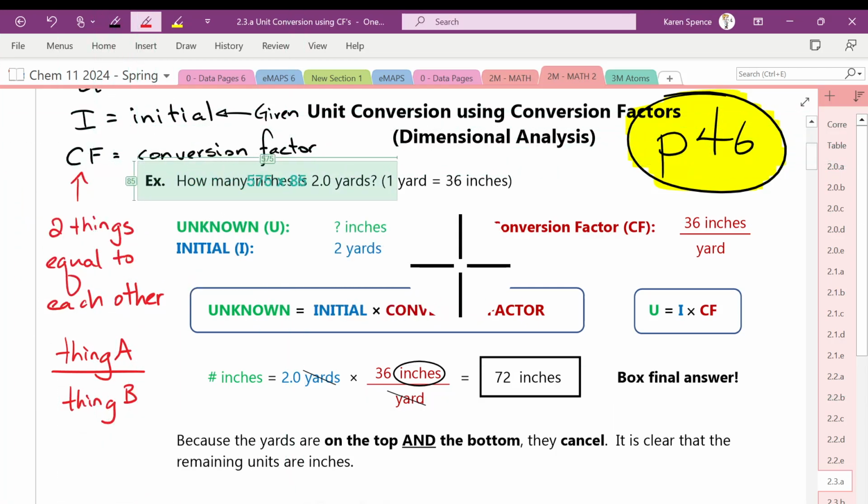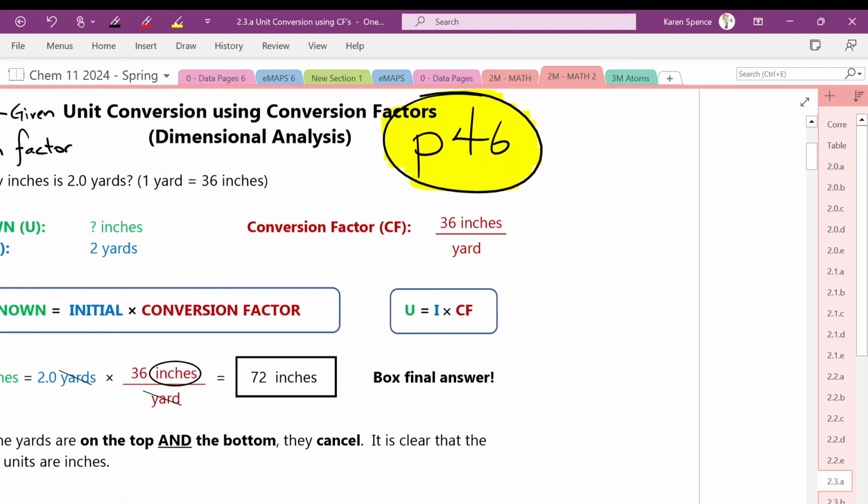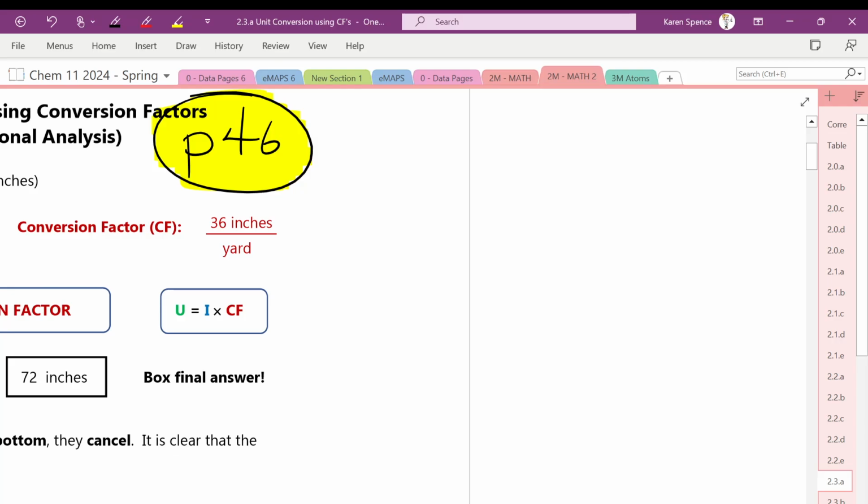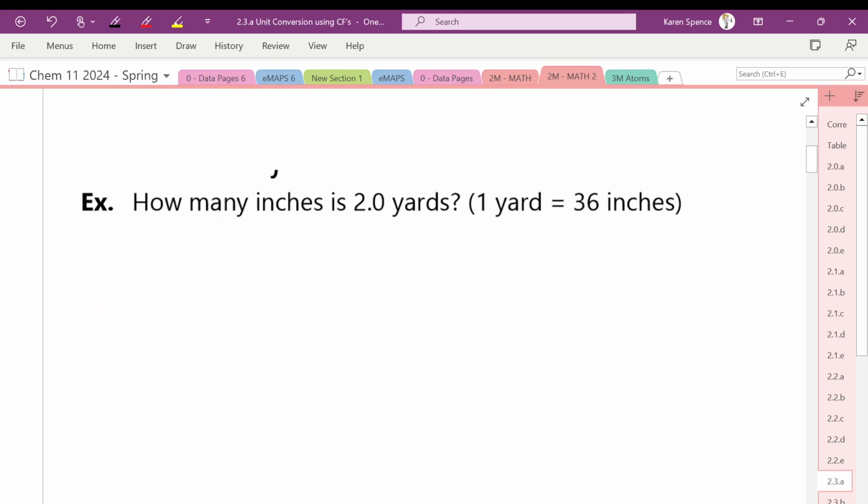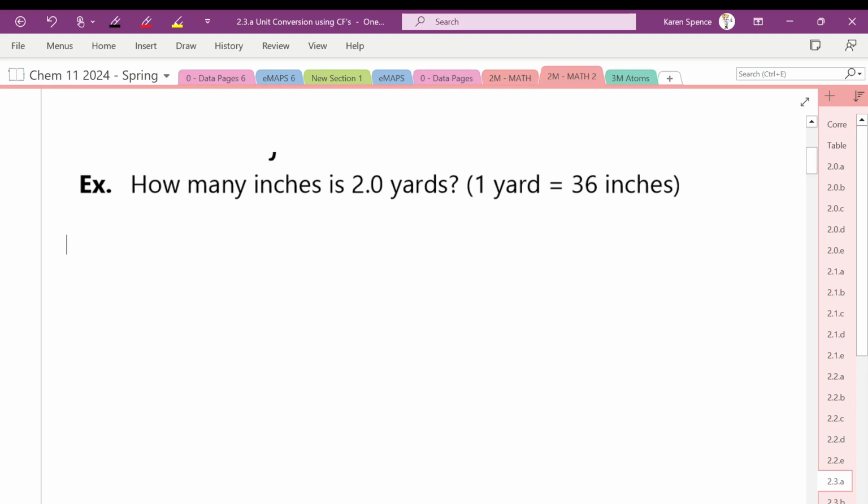So if we have how many inches is equal to 2 yards, I'm actually going to do this over here, but it's all written down for you if you want it, okay? How many inches is 2 yards? Well, what is our unknown in this question?